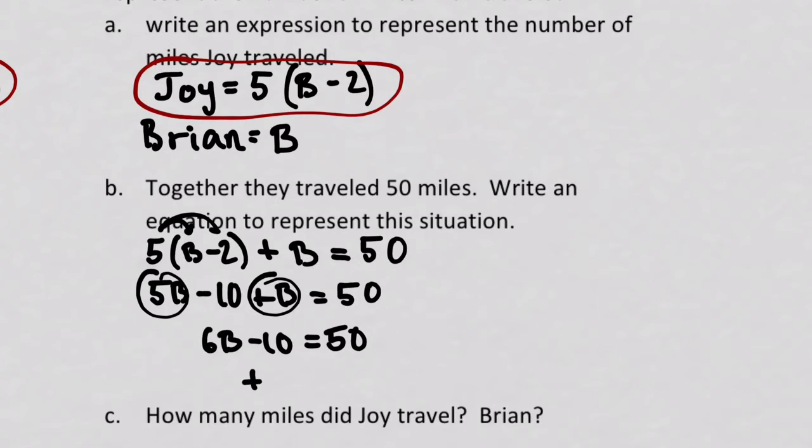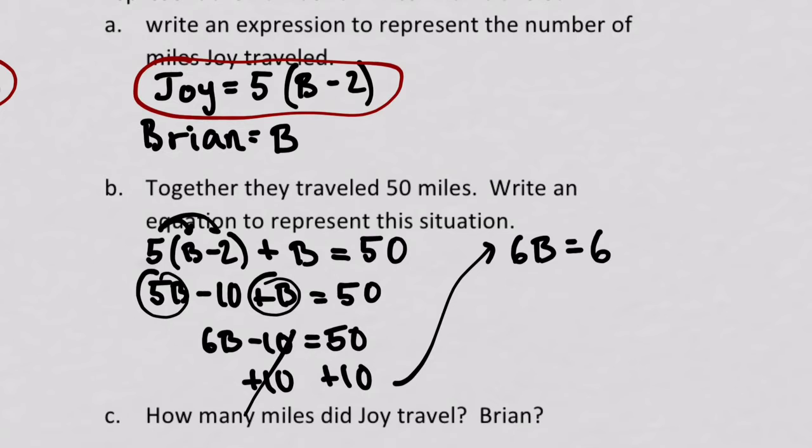Add 10 to both sides. I'm going to continue over here on this side. On the left side, the 10 and the negative 10 cancel, so 6b equals 60. Now I divide by 6, and so b equals 10.